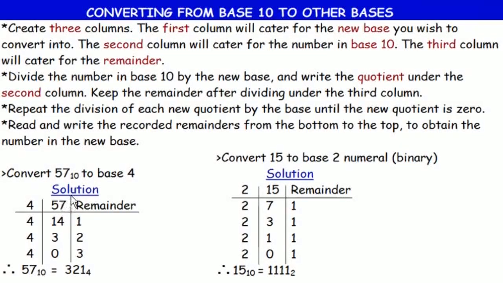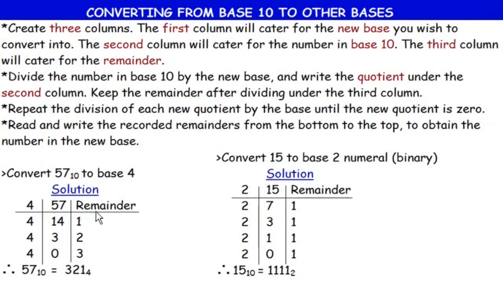So we are going to be dividing the number in base 10 by the new base, and then we'll keep the quotient under the second column, and the remainder gotten after dividing is placed under the third column. That is the basic principle we are going to apply in converting from base 10 to other bases.